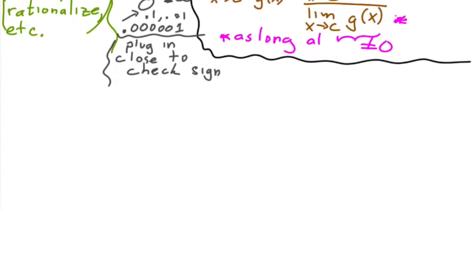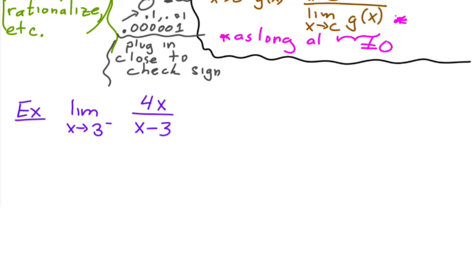Let me show you an example of what I mean on the second case, because that one is a little bit confusing. Let's say, for example, you're doing the limit as x approaches 3 from the left of 4x over x minus 3.